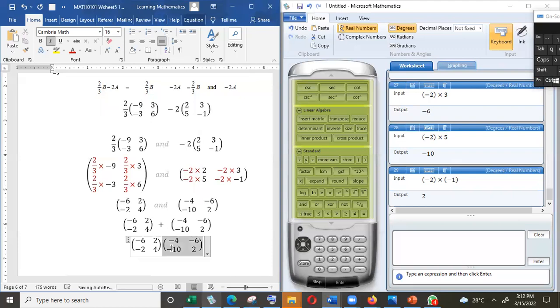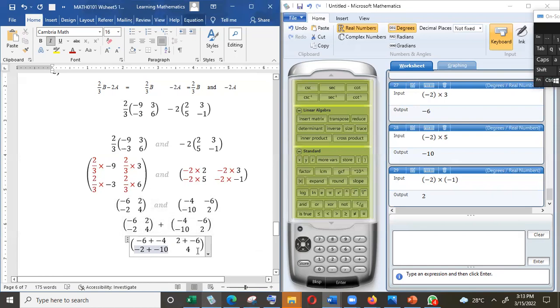Okay. So this is -6 plus -4. This is 2 plus -6. This is -2 plus -10.